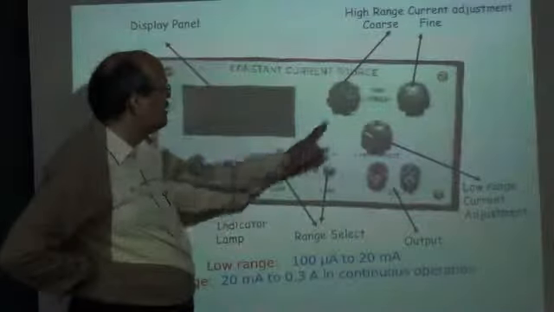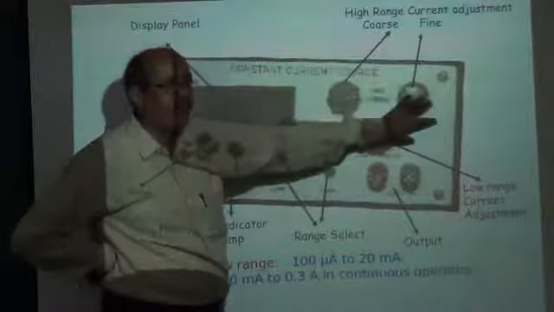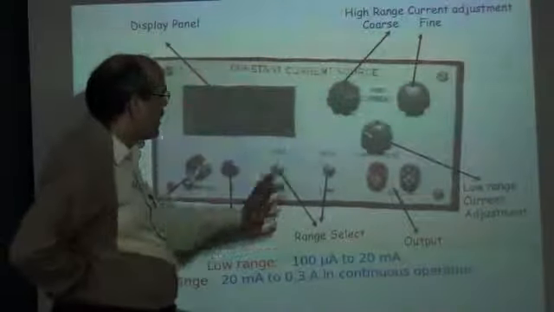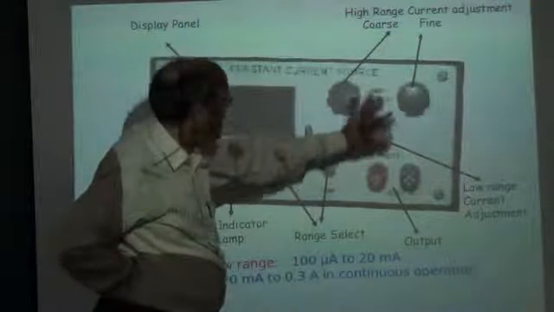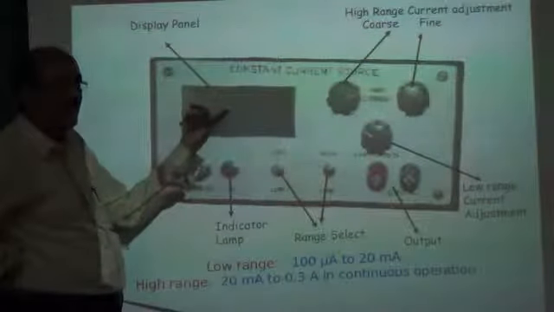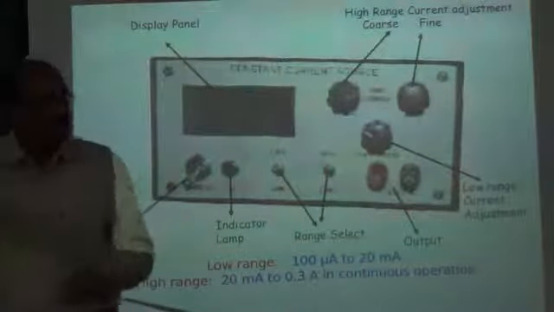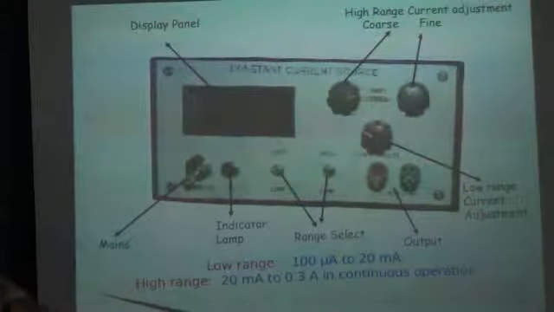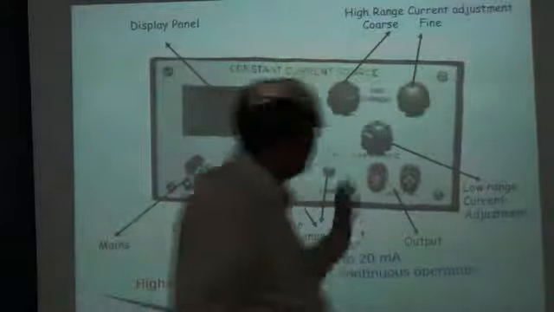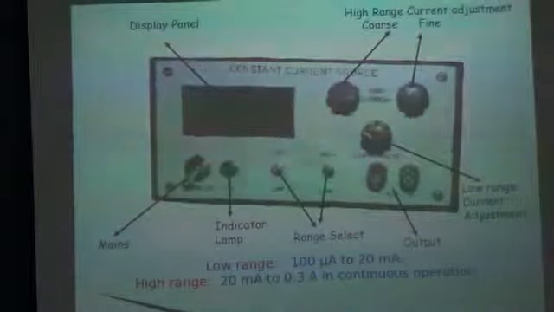If we are in the high mode, then we can control by these two. This is for coarse and this is for fine adjustment of current. Whatever current we set by using these knobs will be displayed here. And these are the 2 banana terminals which will give us the current to the required load or wherever we are using it. So this is our constant current source.